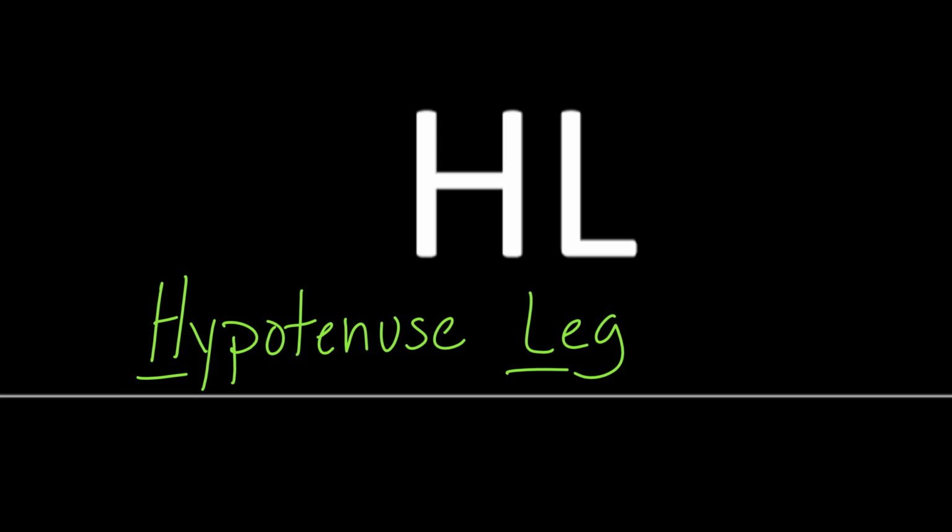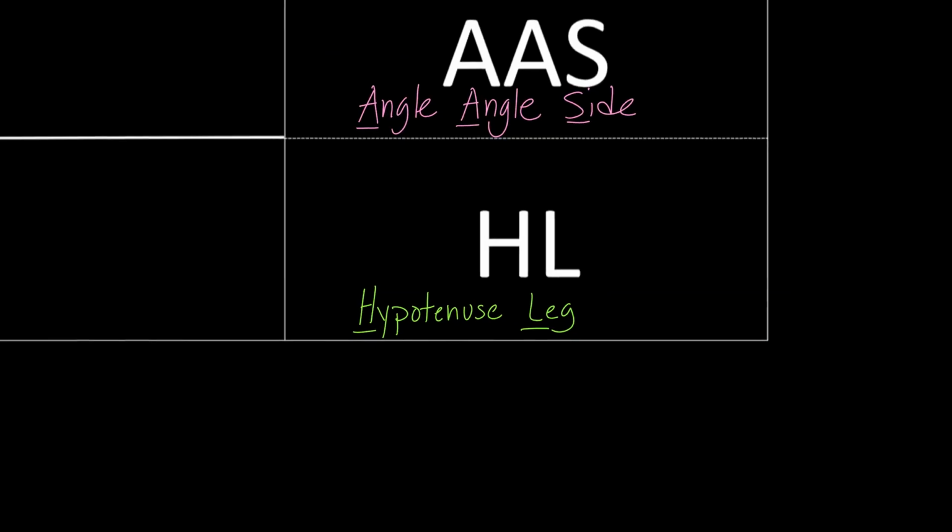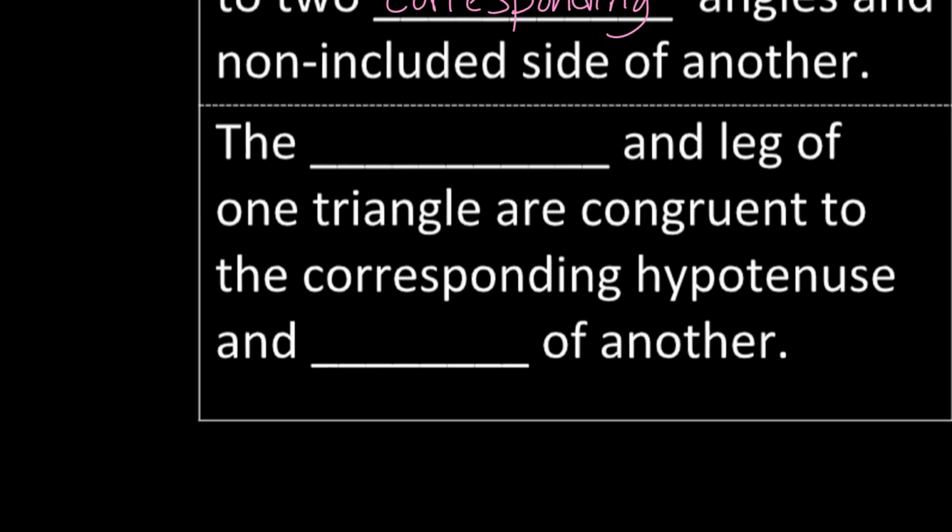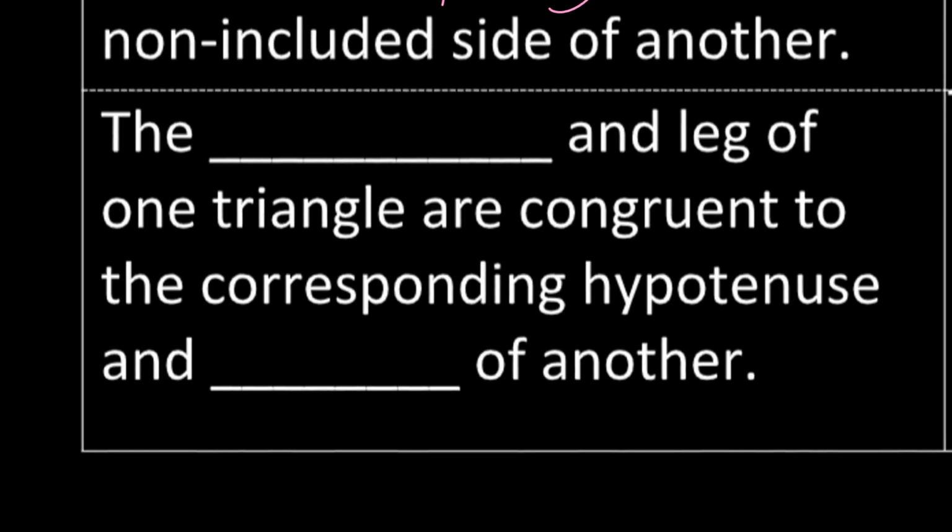And I'm like, wow, you're smart. No. Oh, it is kind of in the directions a little bit, the explanation. The hypotenuse and leg of one triangle are congruent to the corresponding hypotenuse and leg of another triangle.